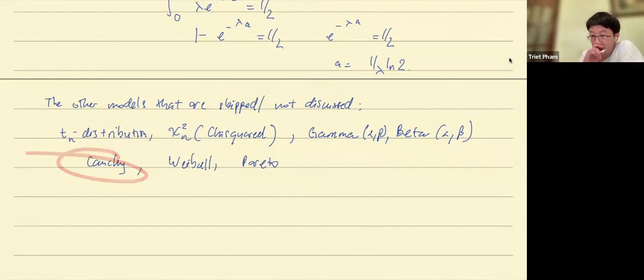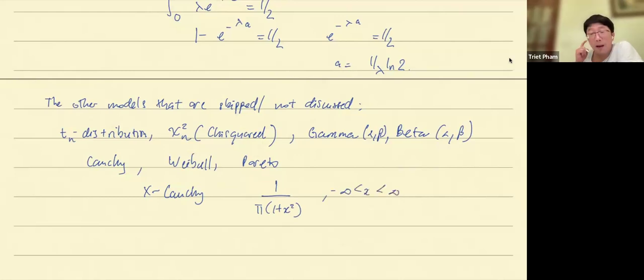Now the Cauchy, you should keep in mind for the following reason. The Cauchy is actually a T distribution with 1 degree of freedom as well. But its density is something like 1 over pi times 1 plus x squared.